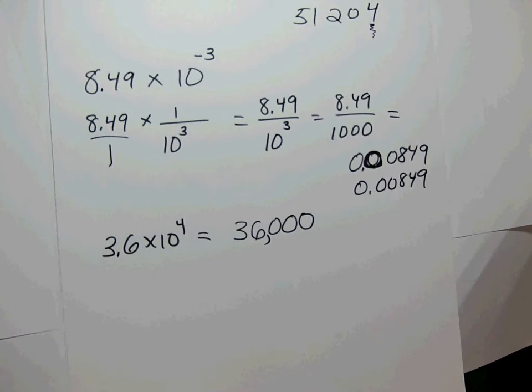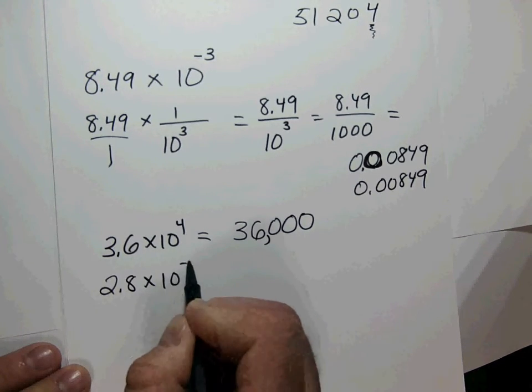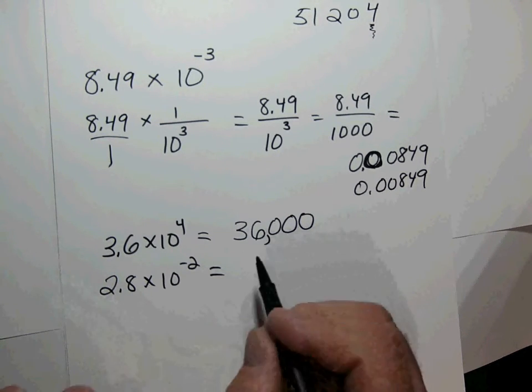Part B, 2.8 times 10 to the negative 2 power. Here's a negative exponent, so my decimal is going to be shifted to the left, 2 positions. One position gets me past the 2, so I've got 1 more position.